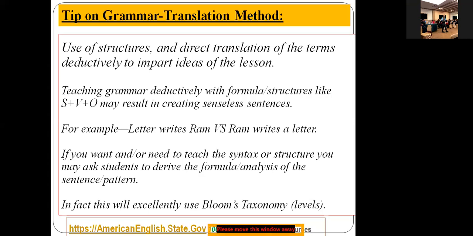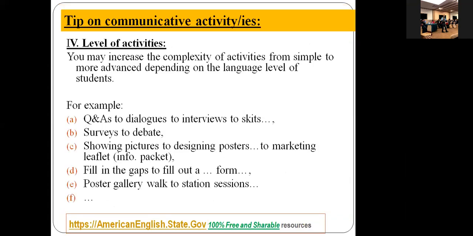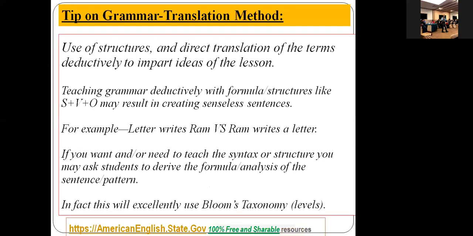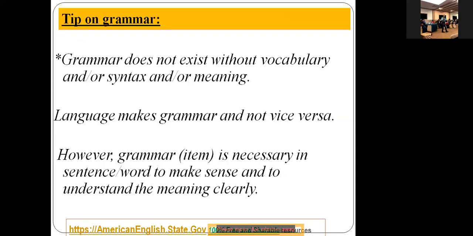You may use Bloom's taxonomy for writing the communicative activities and also the objectives, and you may follow it in designing activities. And let me give some light on grammar also.